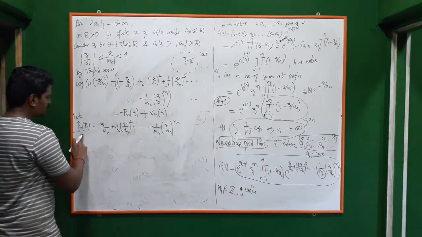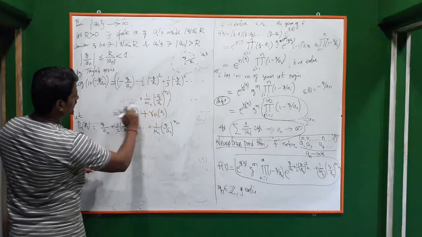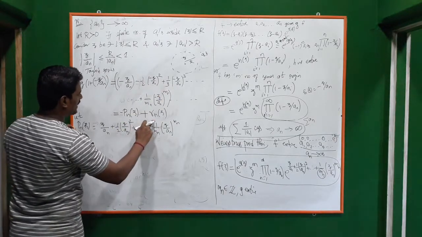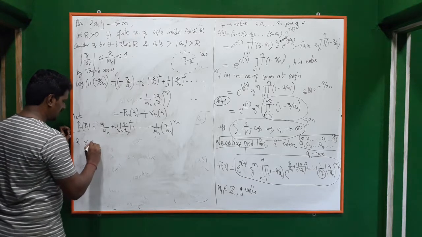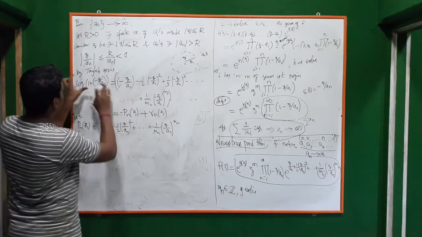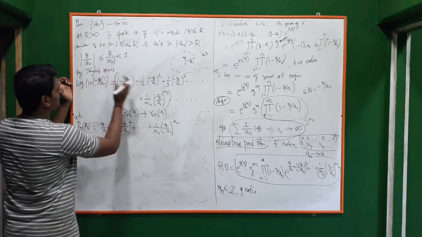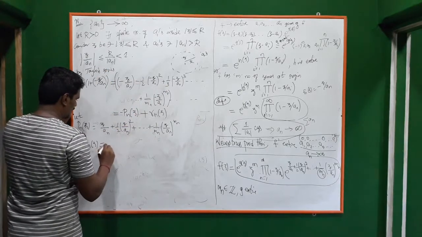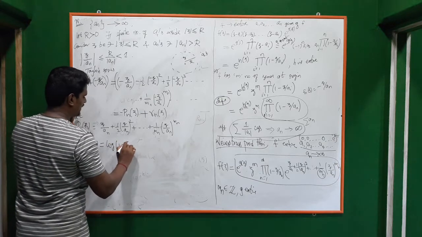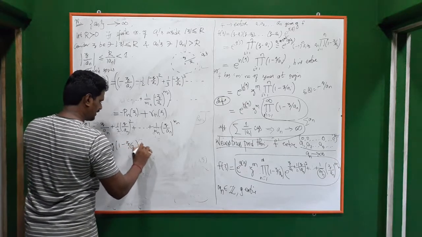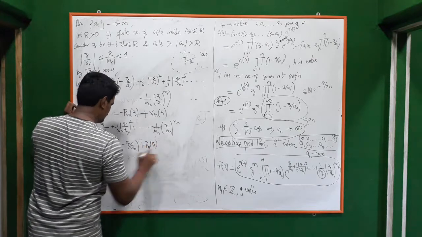So minus P_n(z) means we get all this, plus R_n(z). And R_n(z) is the difference of these two: log(1 − z/a_n) plus P_n(z).